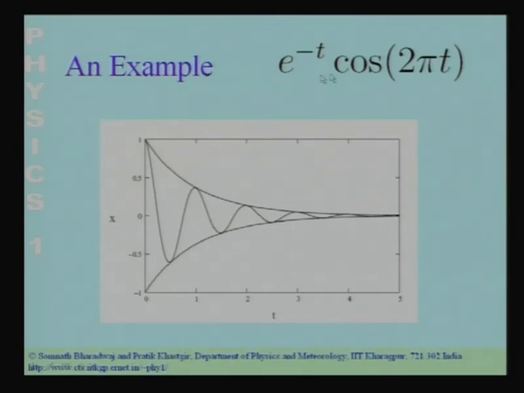In this particular case, the amplitude falls as e to the power minus t, and this is shown in the graph over here. The motion is a sinusoidal oscillation just like the simple harmonic oscillator, just that the amplitude falls exponentially as time evolves, and it slowly gets smaller and smaller, and finally it will tend to 0 as time goes to infinity.